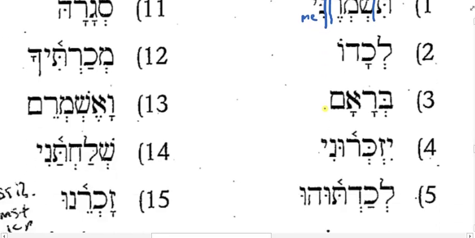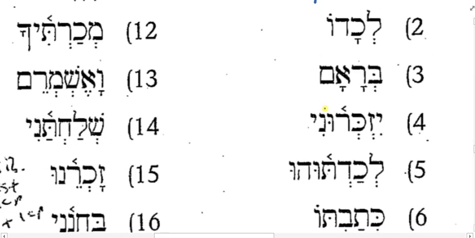Number 5. Okay. Here we have lukadtuhu. Lukadtuhu. Are there 3 identifiable verb root letters? Yep. We have lakad. Okay. So notice I have no prefixes. So my instant parsing antenna would go, probably a perfect here. Okay.